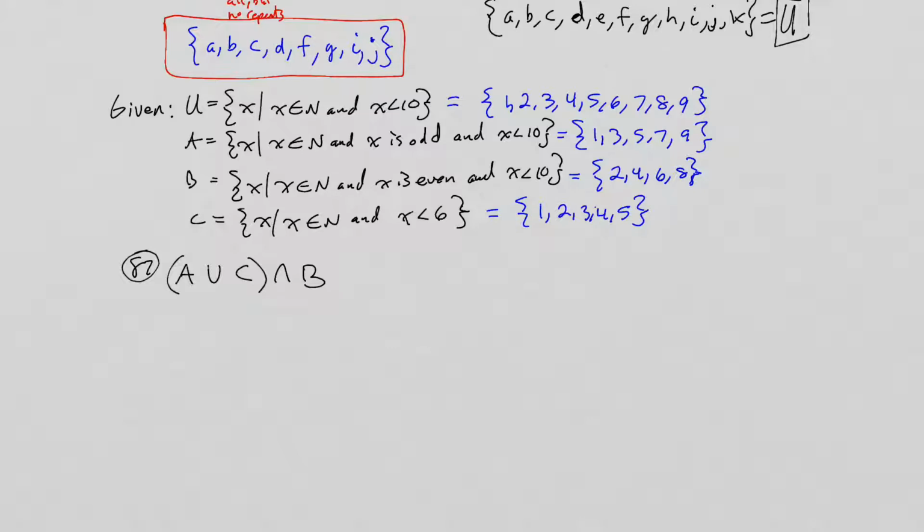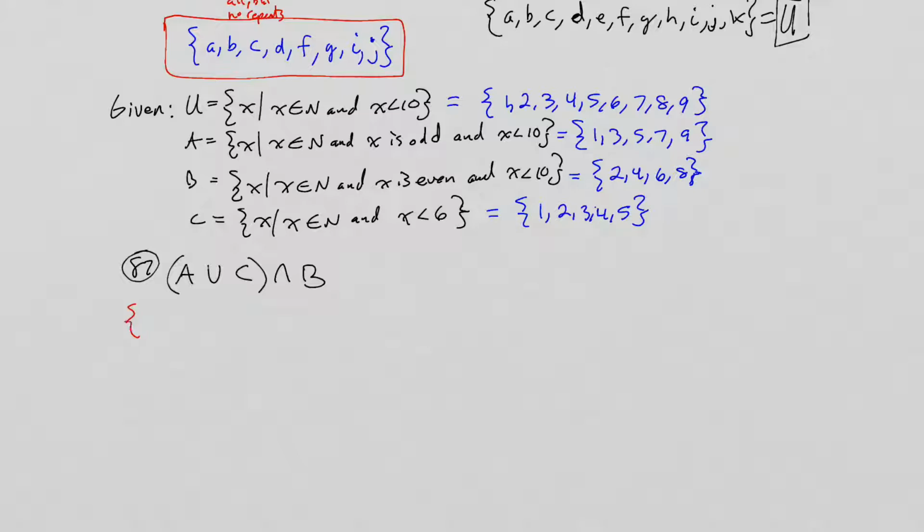So for A union C, what are all the elements in A and C together with no repeats? Okay, fair enough. So all the elements in A and C, no repeats.